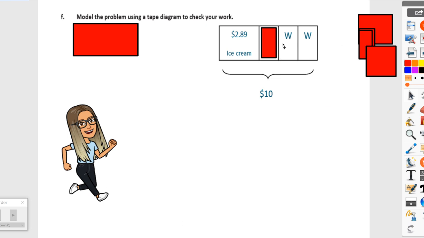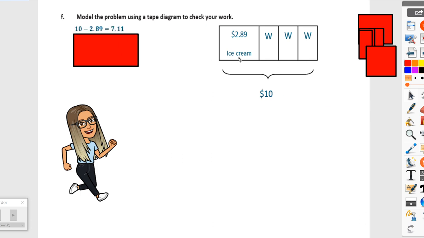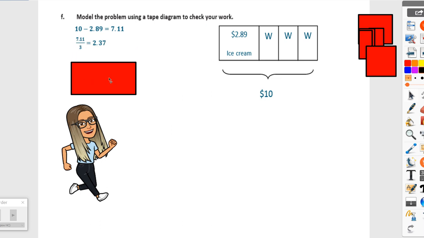So there's our 3 waters. So when we put this together now, we can just say $10, take away the ice cream, equaled $7.11. So we know that these three W's together, we just have to divide it by 3 to find out how much each water was. And again, we got $2.37, so it did match.